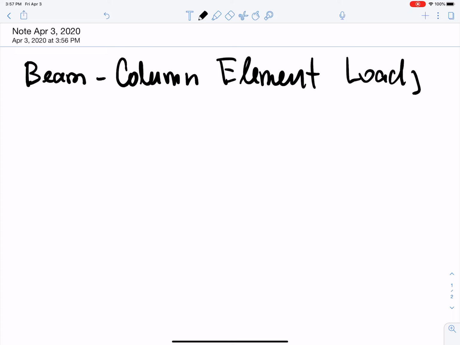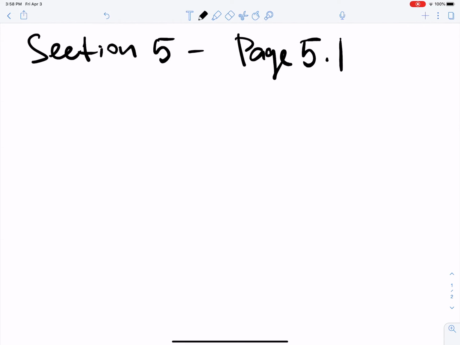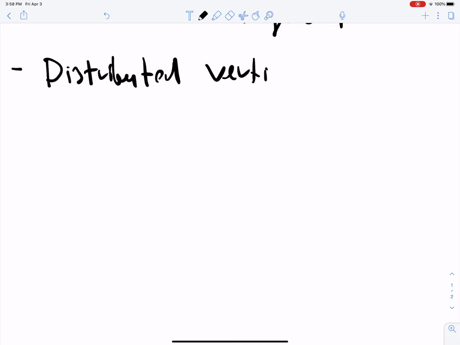This is section 5, page 5.1. And what I will do, I'll cover two things. I'll cover distributed vertical load.